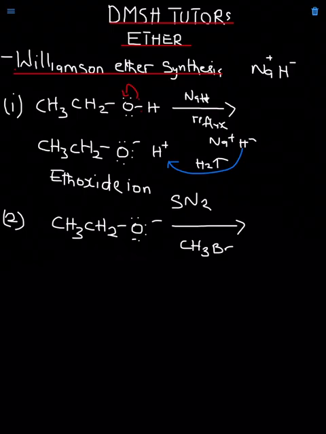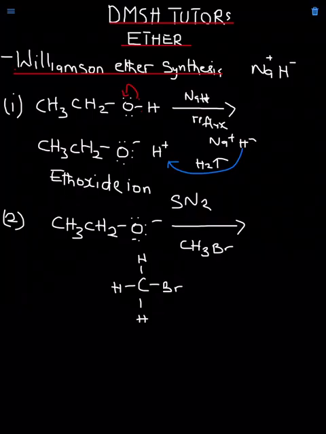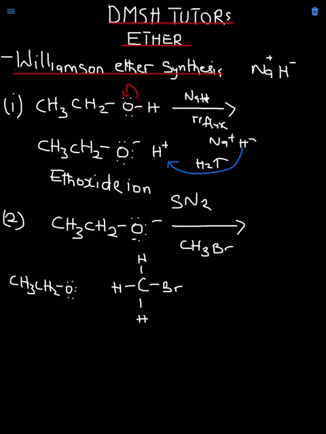How? Let's see the structure of methyl bromide. The alkoxide is a nucleophile because it is carrying a negative charge.